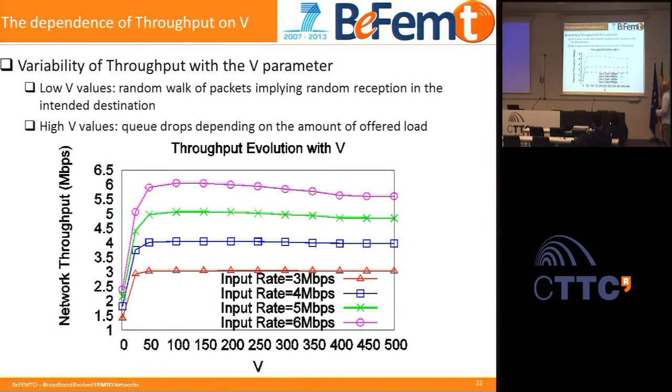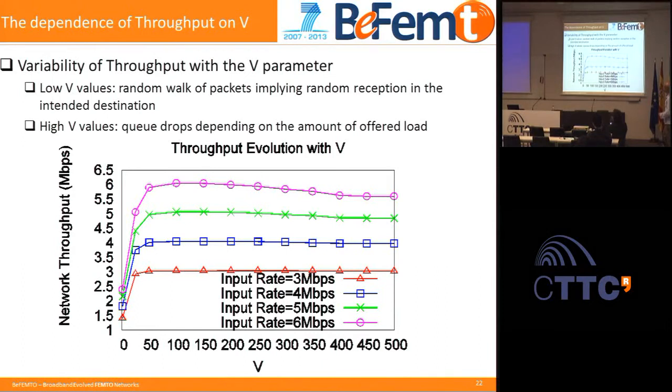As we can see here, for low V parameters, as we are not giving too much emphasis on the penalty function, we are not getting closer to the destination, and you have kind of random routing merely based on minimizing the queue state on the home node Bs. So this is not a good choice.